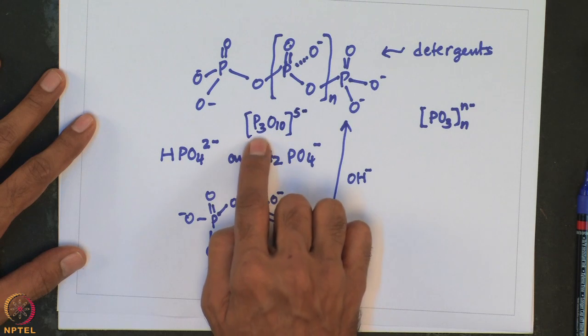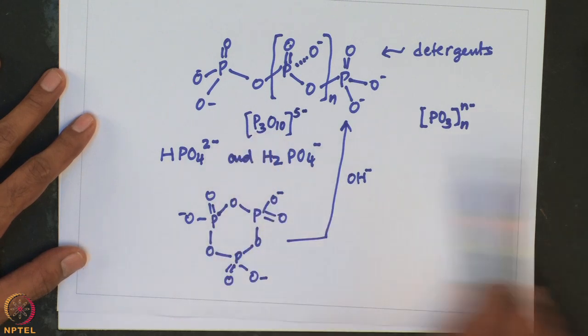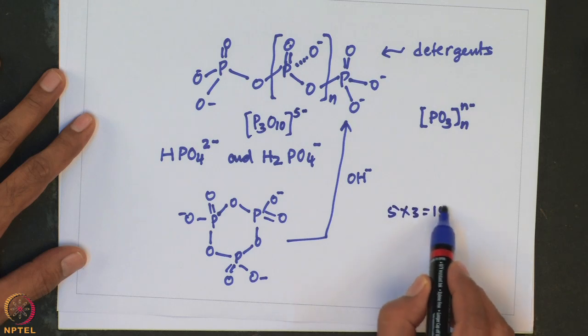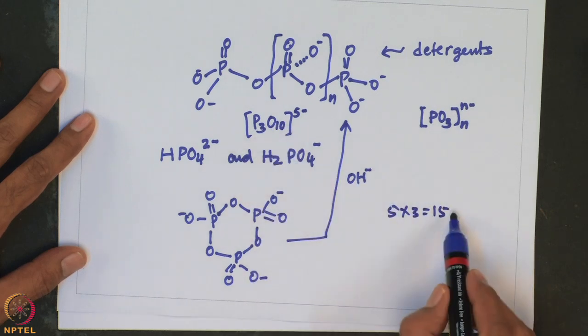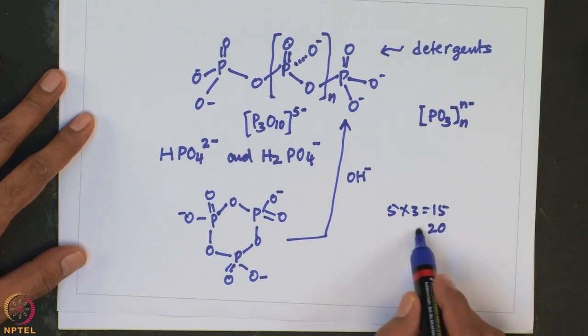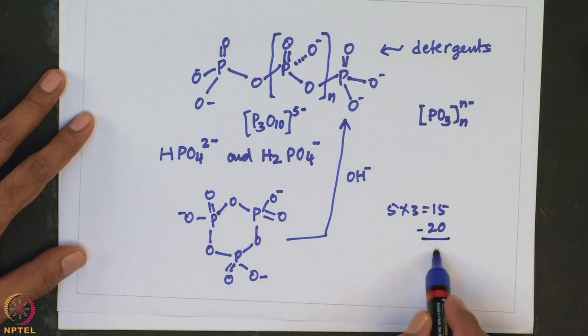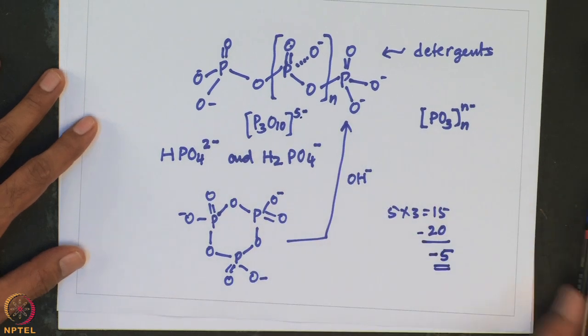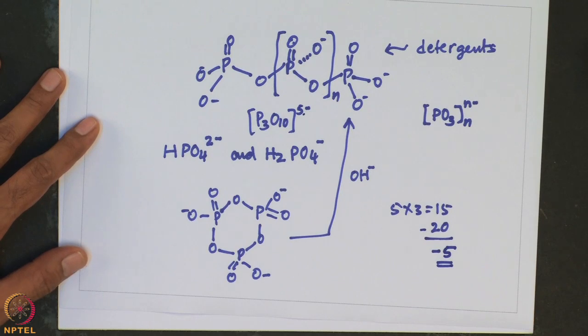For example, P3 is 5 into 3 equals 15, and this is 10 into 2, 20, and then the deficit is 5. So, you can have 5 minus here. So, you can find out this charge on it very easily.